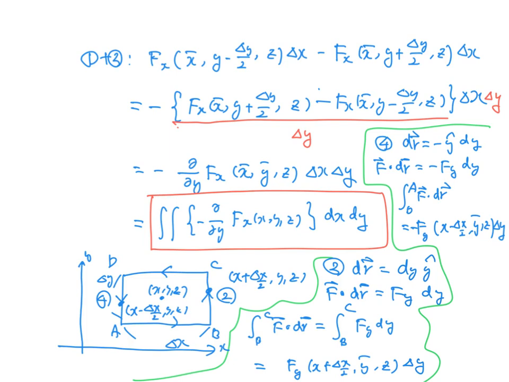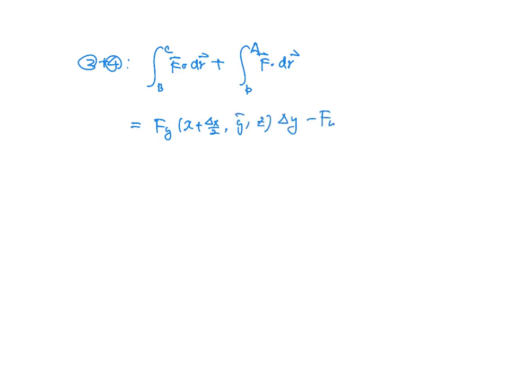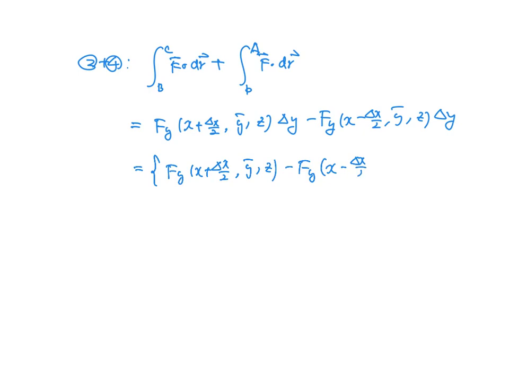So if we add them together, we have 2 and 4: 2 was B to C, F dot dr, plus D to A, F dot dr. So simply Fy at x plus delta x over 2, y bar, z, delta y minus Fy at x minus delta x over 2, y bar, z, delta y.